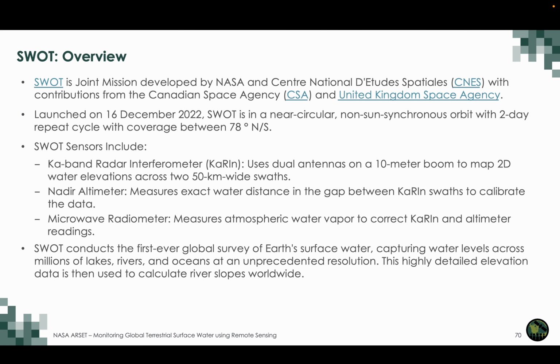SWOT is a joint mission developed by NASA and the French, Canadian, and United Kingdom space agencies. It was launched on 16th of December 2022, and provides global coverage between 78 degrees north and south latitudes. Sensors include a Ka-band radar interferometer, nadir altimeter, and microwave radiometer, and combined observations from these sensors provide very high resolution and accurate height measurements over lakes and rivers.